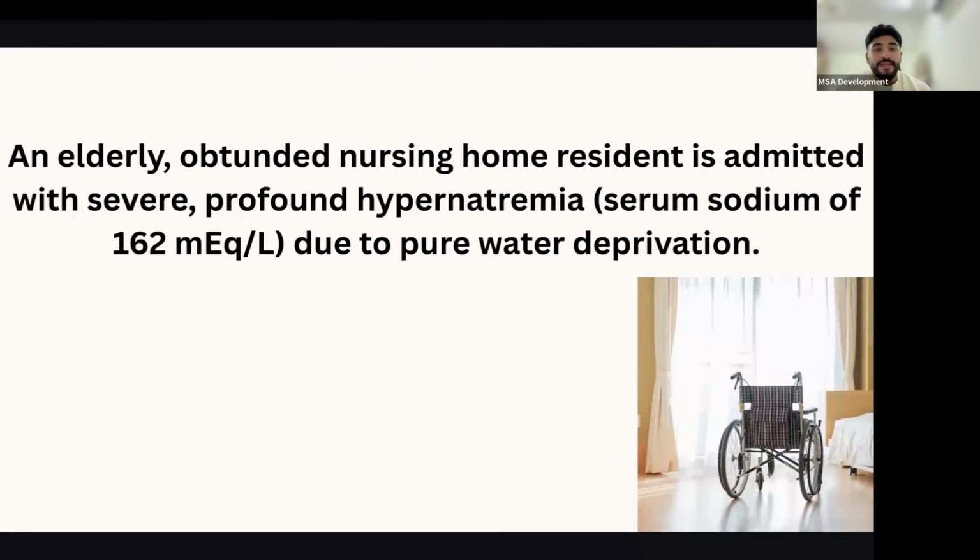So this is an elderly obtunded nursing home resident, admitted with severe, profound hypernatremia, all right, due to water deprivation. Okay, so basically what happened here is that he's not been drinking enough water. Okay, he's being neglected either by himself or by the nursing home.